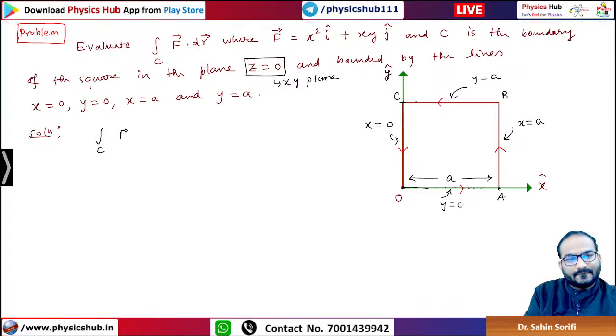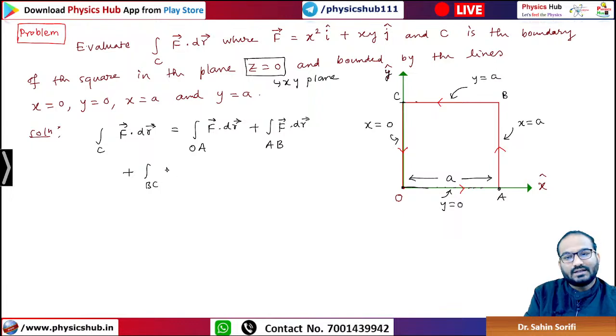So the line integral along the closed curve of f dot dr: first along the path OA, then we add the line integral along the path AB, then along the path BC and then CO. These 4 line integrals you have to calculate to get the line integral of f dot dr along this closed path. Here C is the whole square path, the perimeter.